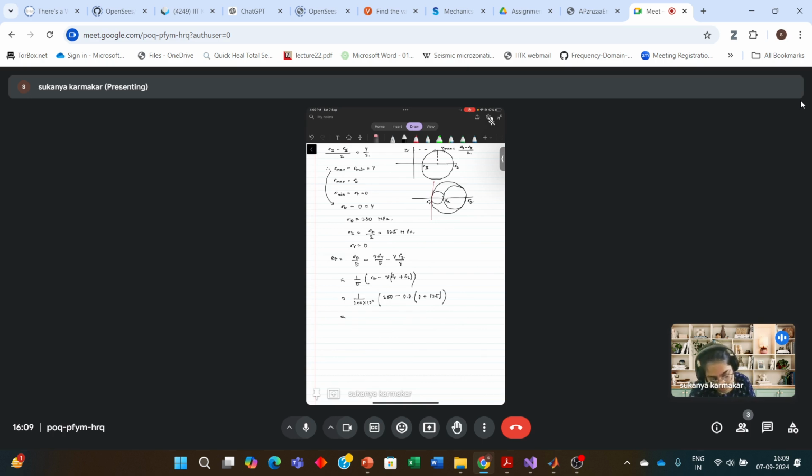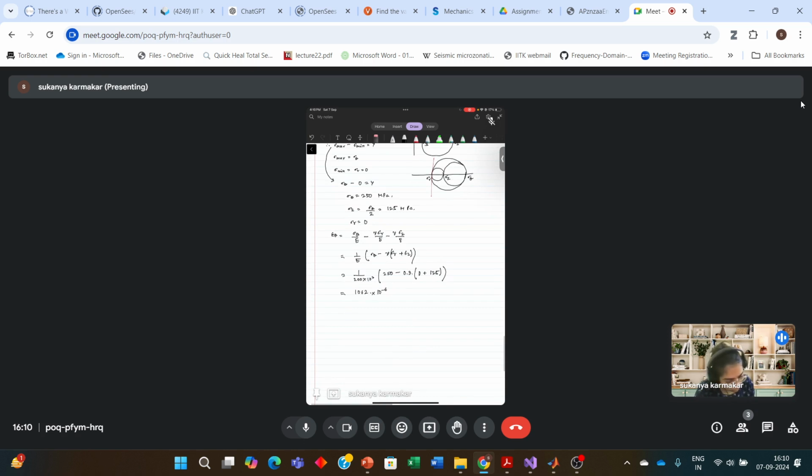If you solve this, you will get the number to be 1062 into 10 to the power minus 6.